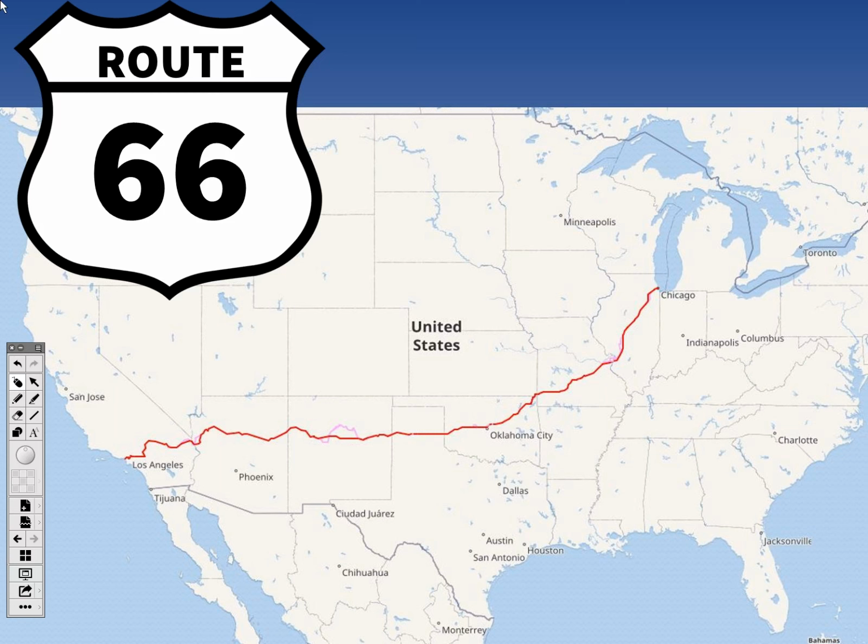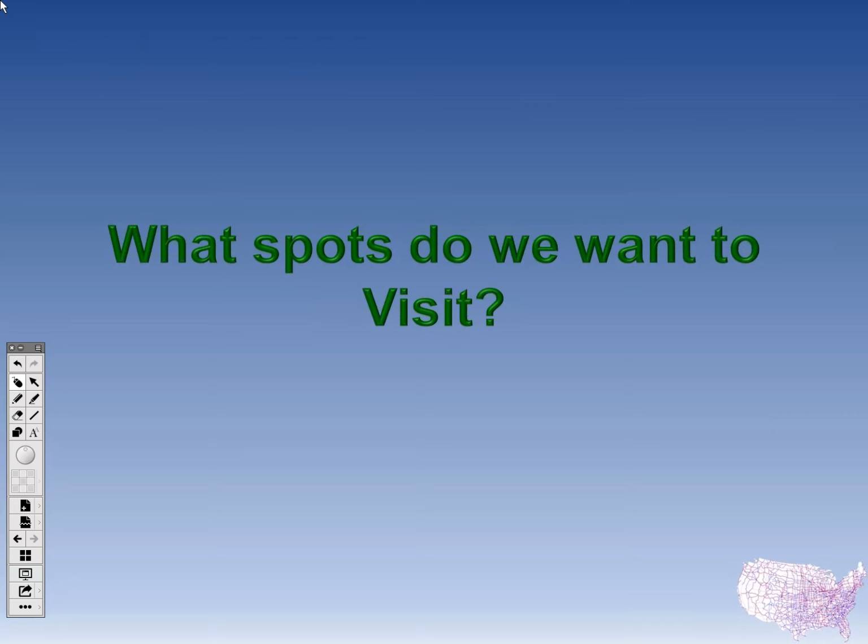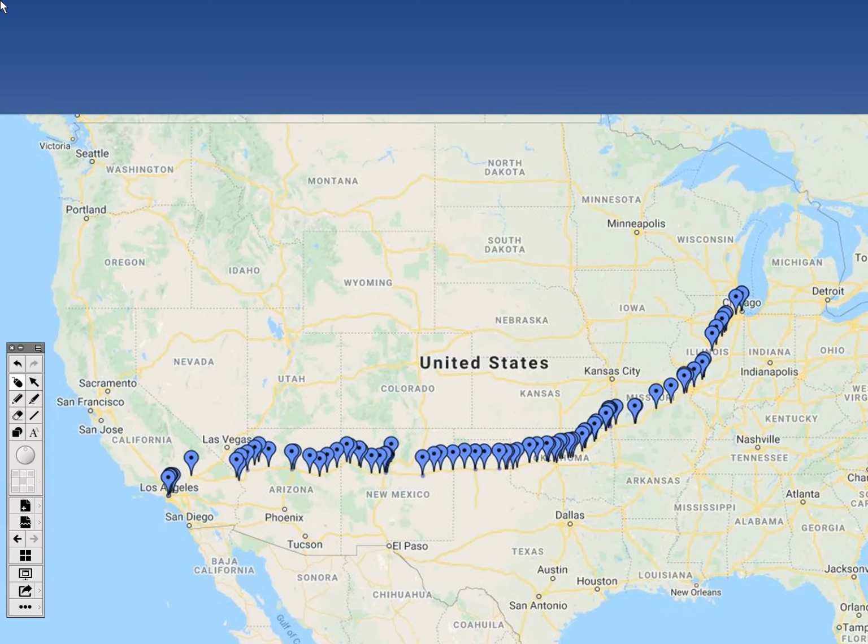I want to give myself enough time to let this whole trade work itself out. So we need to decide what spots we're going to visit. I was going to throw in some old pictures of me hitting these different stops. I'm a tourist trap junkie when I go on road trips, so we're going to try to hit at least a majority of these stops.